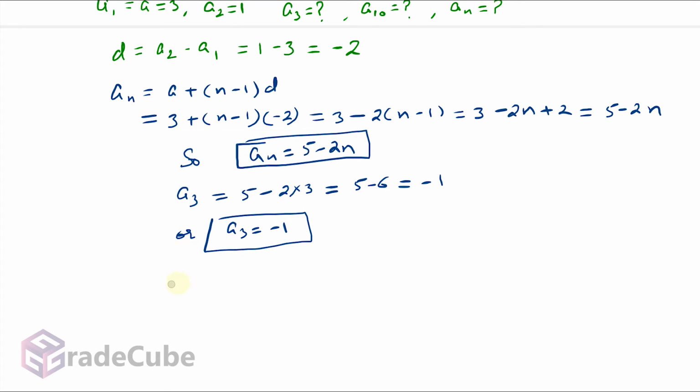Easy. Similarly, a10 is 5 minus 2 into 10, means 5 minus 20, means minus 15, or a10 is minus 15.